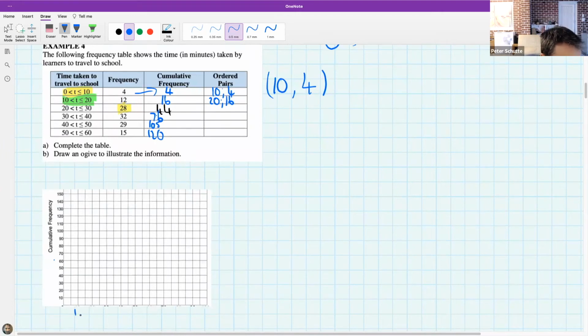So I'm just going to say 10, 20, 30, 40, 50, 60. So what are the remaining points going to be here? And can you plot those points on a set of axes where the vertical axis is the cumulative frequency and the horizontal axis are the intervals?